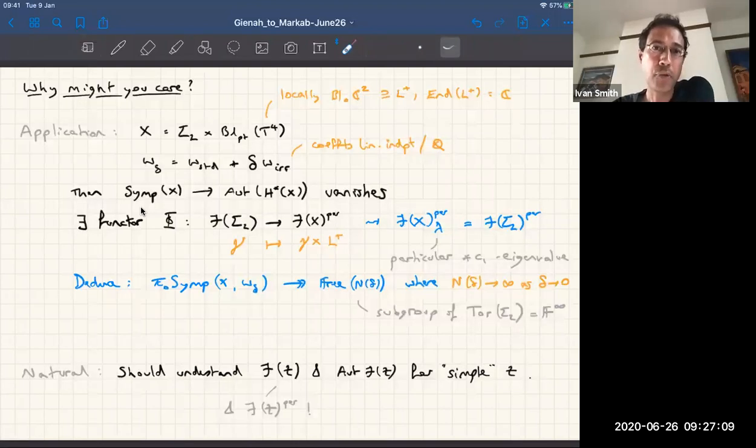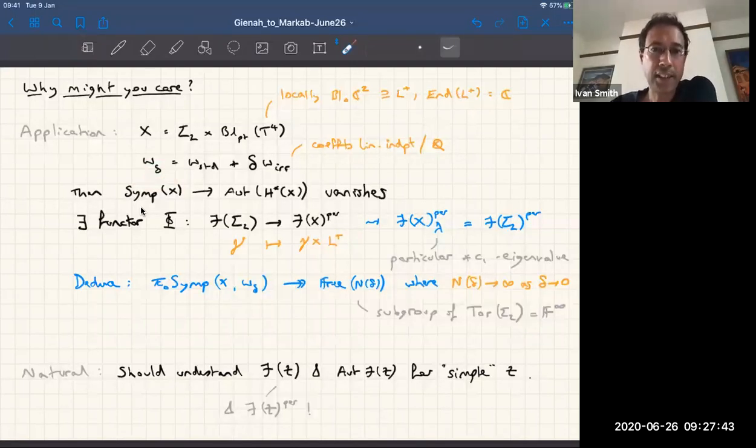And from the fact that H1 generates the cohomology of both the surface and the 4-torus, if I take suitable rationally independent combinations of wedge products of one-dimensional cohomology classes, then when this irrational part is indeed generic, any symplectomorphism of X which preserves this modified symplectic form will have to act trivially on the cohomology.